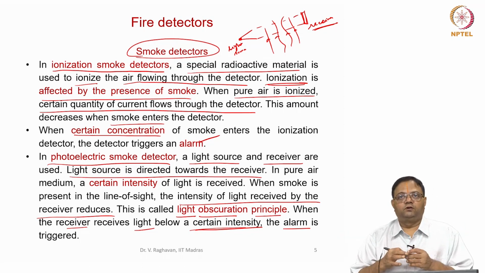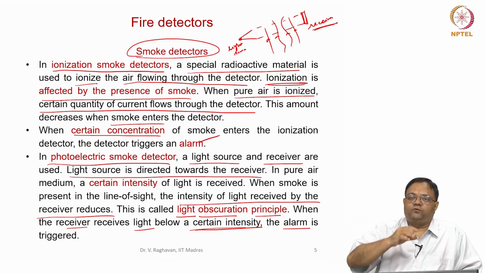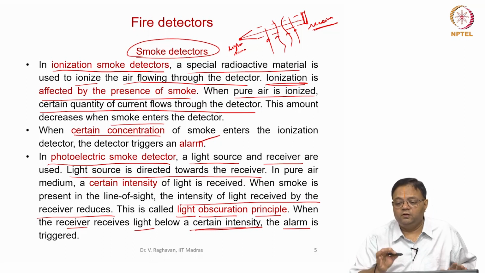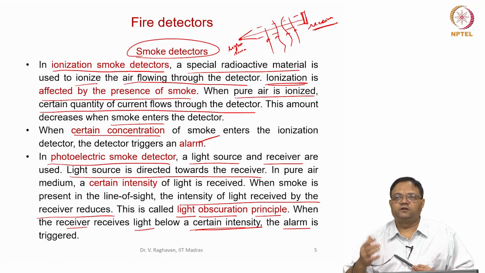So, the smoke has to pass through the line of sight of this source and the receiver. Smoke passing through the line of sight will affect the intensity of the received light.